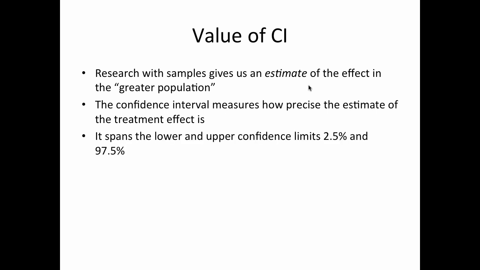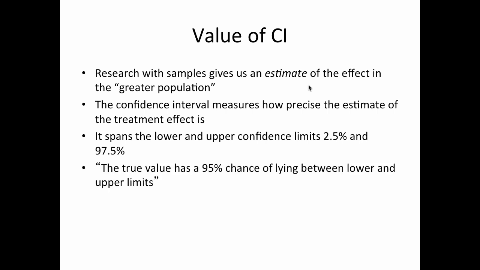The confidence interval, if you remember, spans the lower and upper confidence limits of 2.5% at the low end and the upper above the 97.5% limit. We could say that the estimate of the BMI from our sample of students from the University of Nicosia would give us a confidence interval such that the true BMI would have a 95% chance of lying between the lower and upper limits.